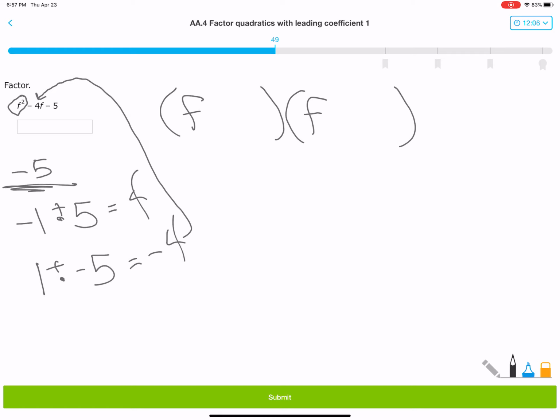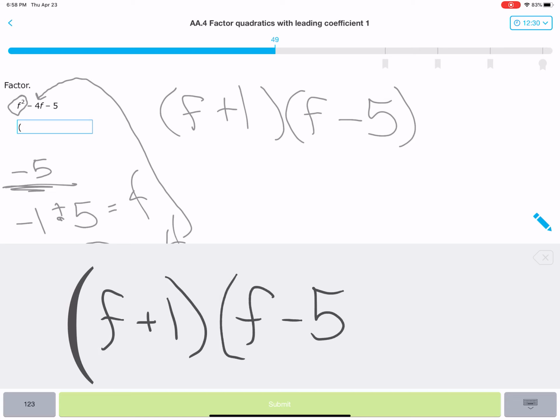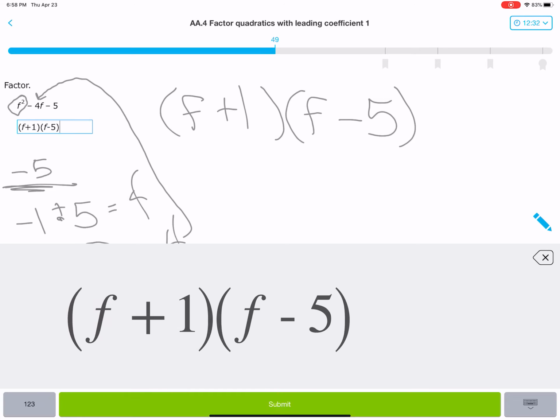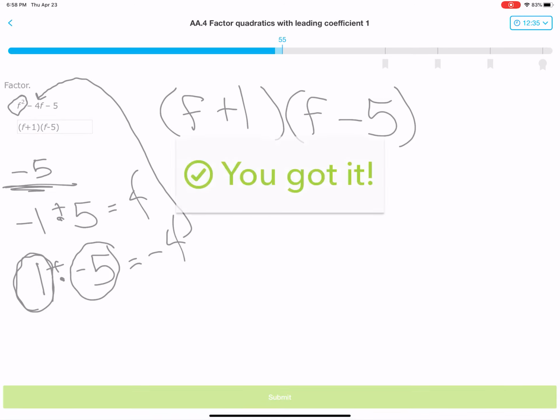So I know I should be using a positive 1 and a negative 5. Positive 1, negative 5. Let's try and put that in. There we go.